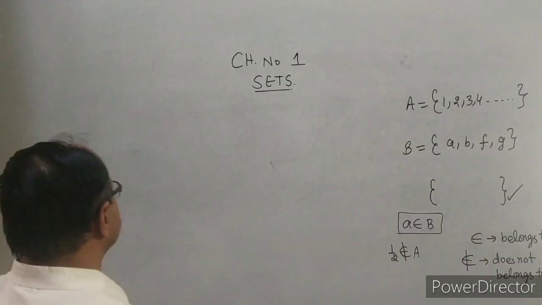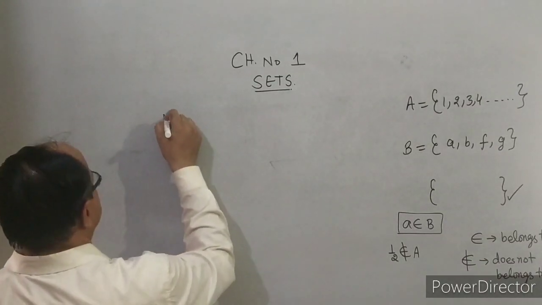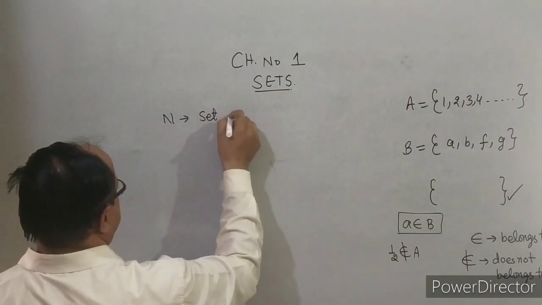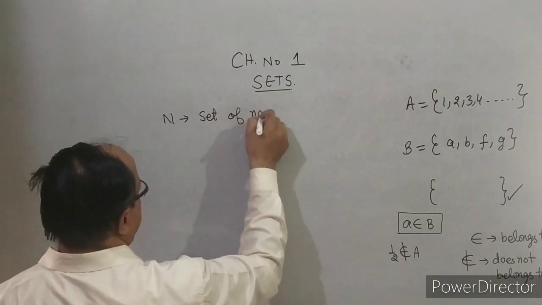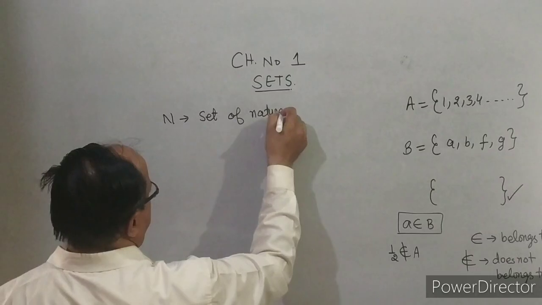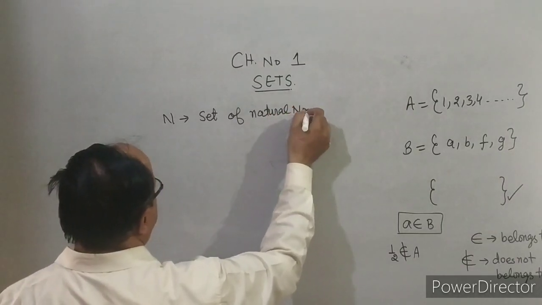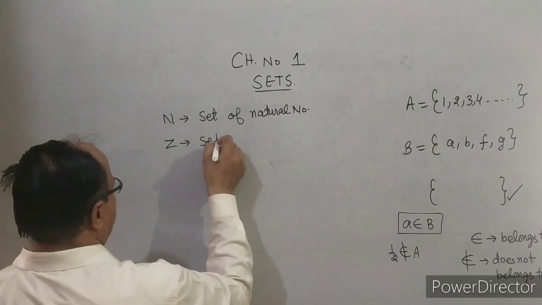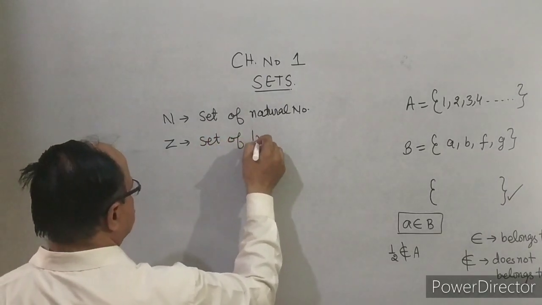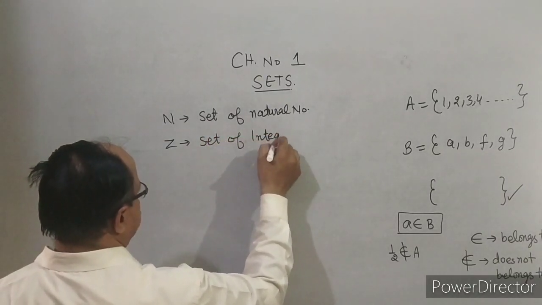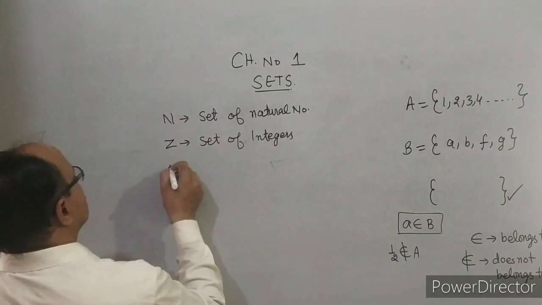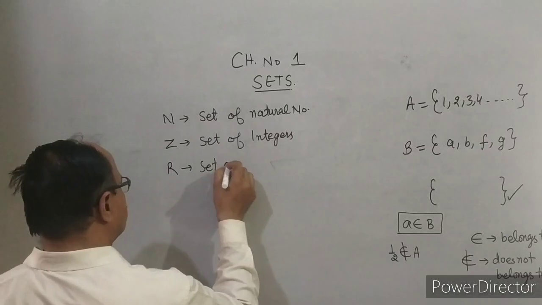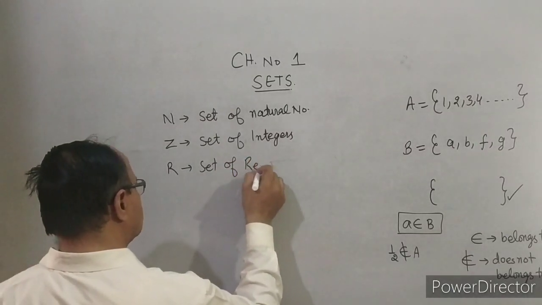And there are some letters we use in sets. For example, N, this is the set of natural numbers. And Z, the set of integers. And R, the set of real numbers.